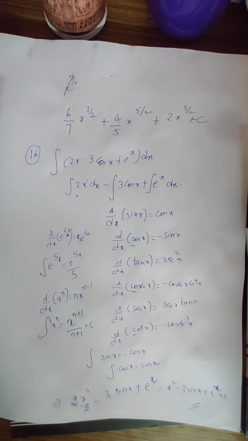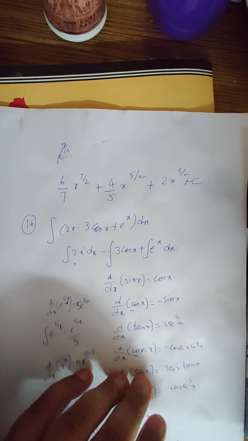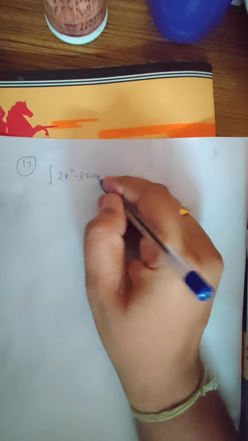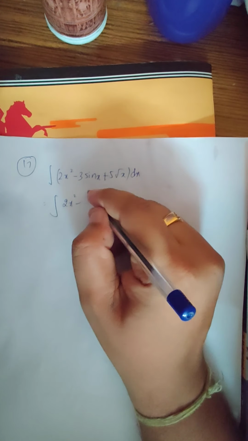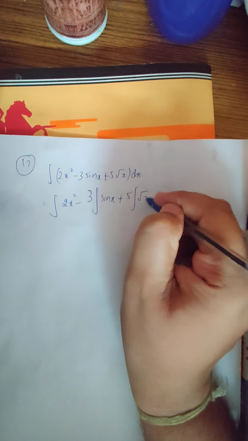Then next we have the 17th question: integration of 2x square minus 3 sin x plus 5 root x dx. So this will be integration of 2x square minus 3 integration of sin x, constants can be taken out, plus 5 integration of root x dx.